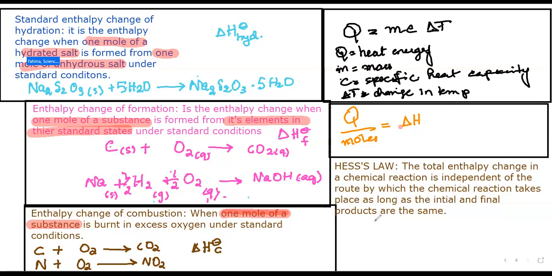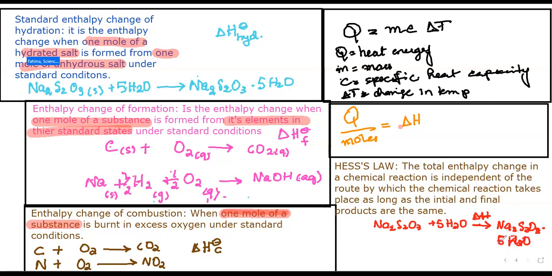Now, I can take my reaction, and instead of directly measuring what the enthalpy change is going to be, I can perform a series of experiments that will allow me to do the same thing. What do I mean by that?